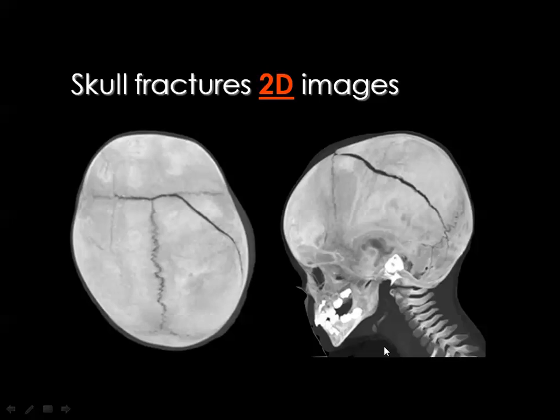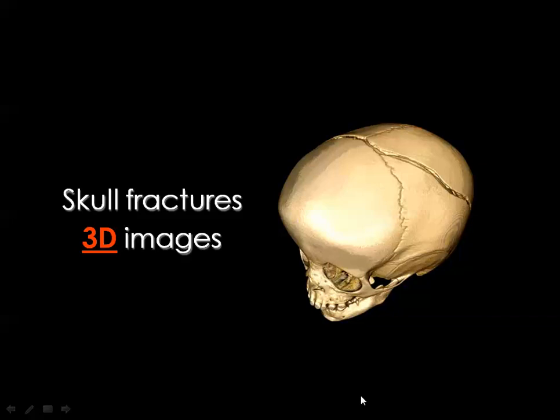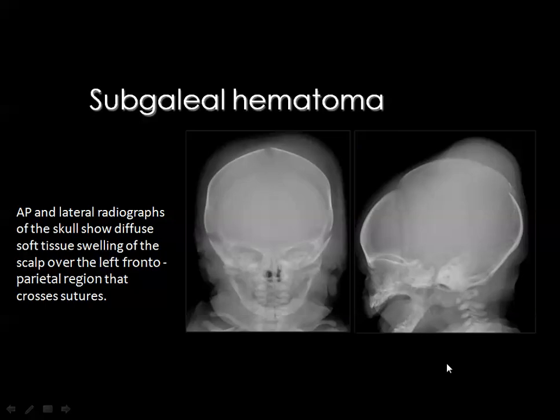And this is 2D axial and 2D sagittal images where you can see the difference between the suture and the fracture, and you can appreciate the full course of the fracture line across the skull tables. And you can also, of course, have the 3D images in color so that you are able to also discriminate between sutures and the fracture lines.